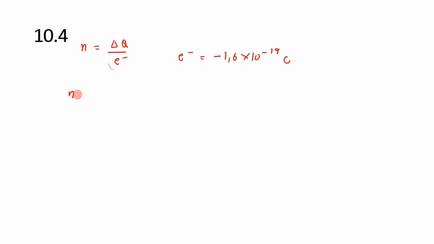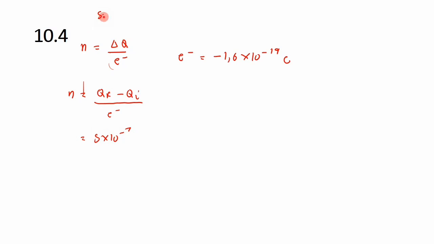Then using this formula, the change in Q is Q final minus Q initial. The Q final value will indicate the new charge of each sphere, and Q initial is the initial charge, right? This is the charge before the two spheres came into contact, and this is the charge after they came into contact. Let's substitute the final charge, or the new charge, which is 5 times 10 to the exponent of negative 7.